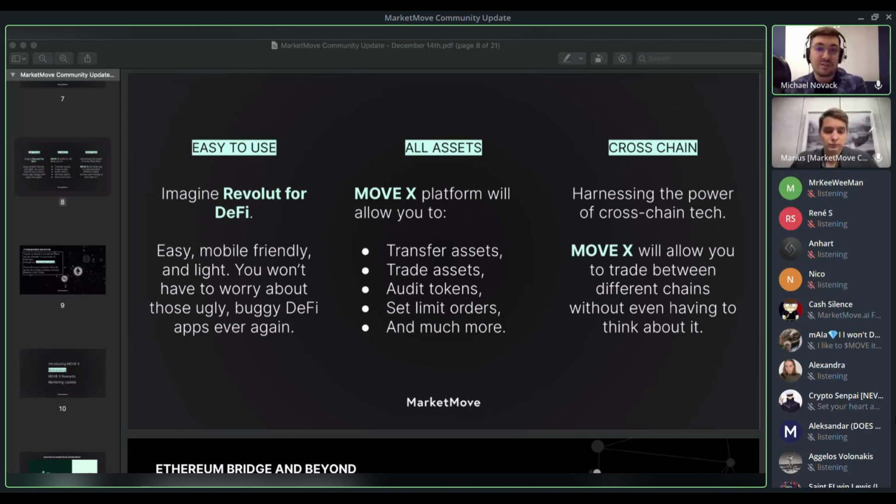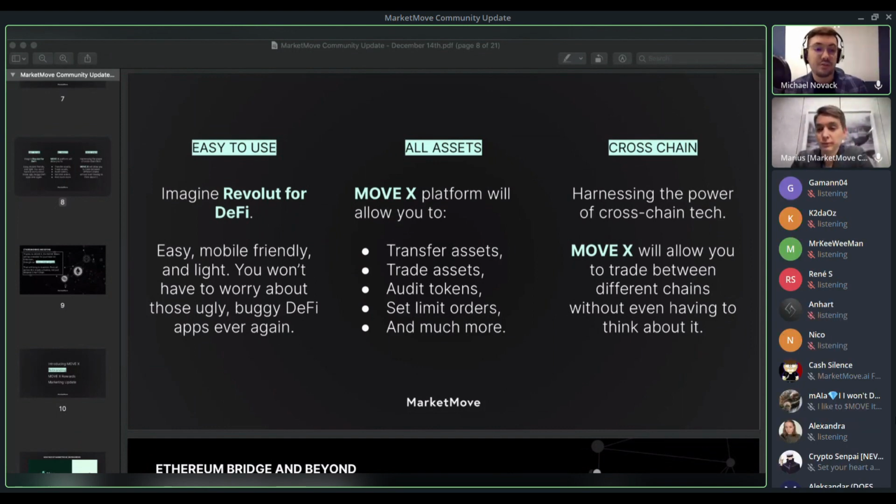And we want to change that. So basically, if we look at Revolut, you just have a username. You can send your funds using this or just a phone number. This is very simple, and we want to take the same approach to the Movex platform.